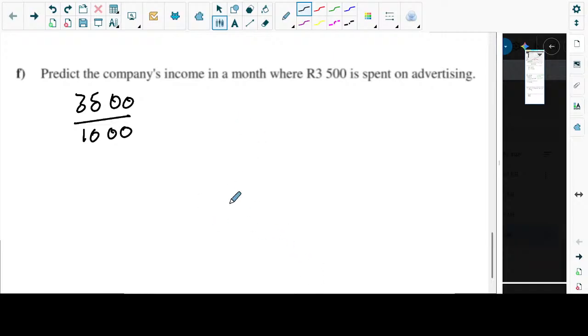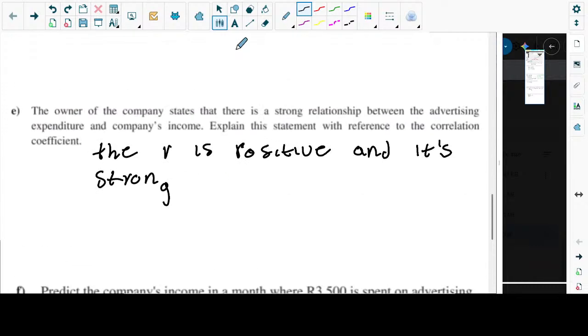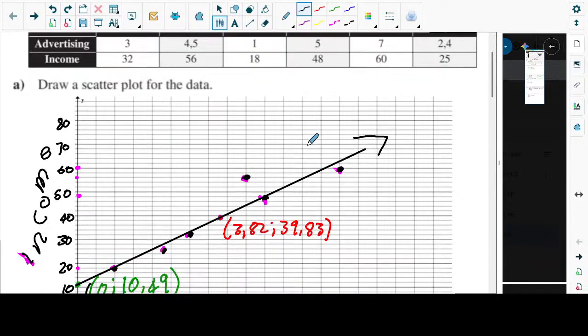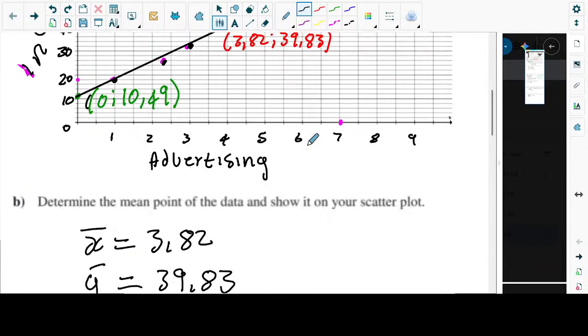Now check this 3.5: is it within our range? Is it interpolation or extrapolation? The 3.5 is between 1 and 7, so it's fine. It's going to give us sound data. We're not extrapolating.